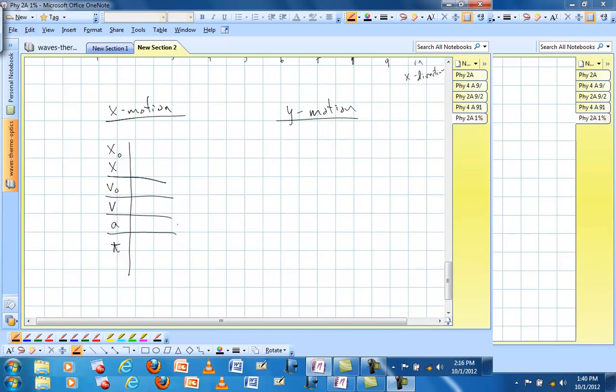And if it's just projectile motion that we're talking about, then we know the acceleration is 0 and V final is equal to V initial. And in the y direction, you have a y initial and a y final, a V initial. I should put subscripts here, sorry. These are x's over here, and these are y's over here.